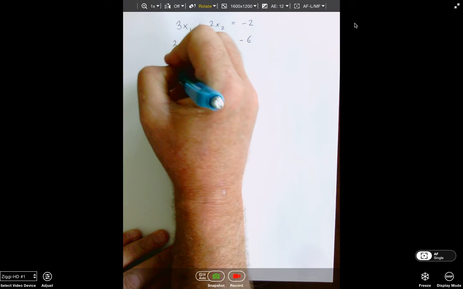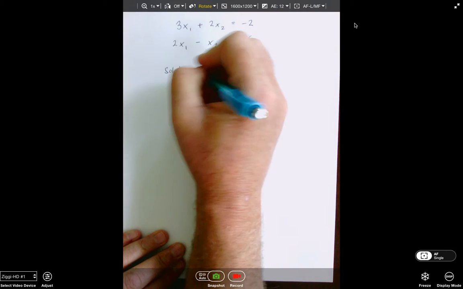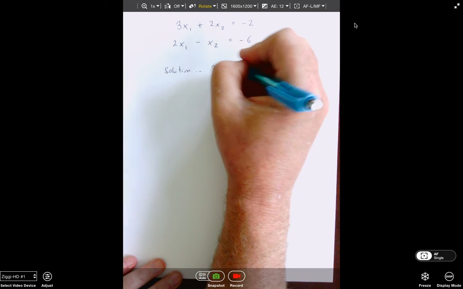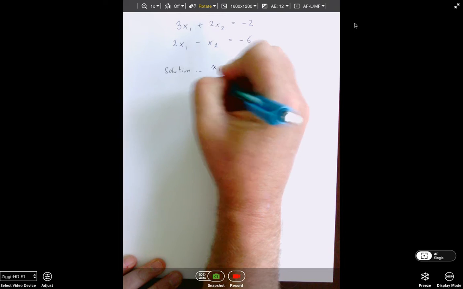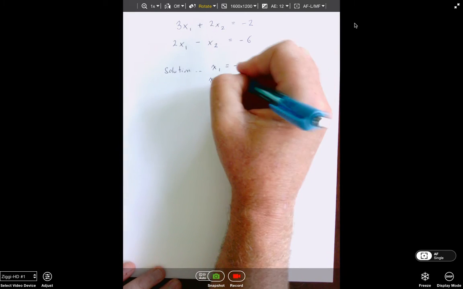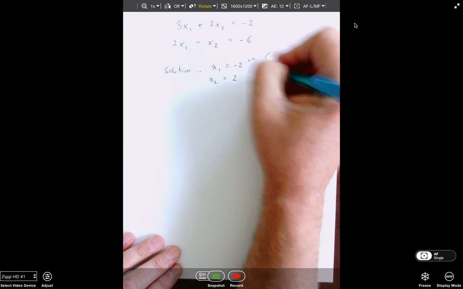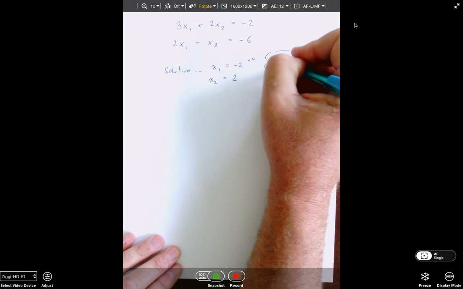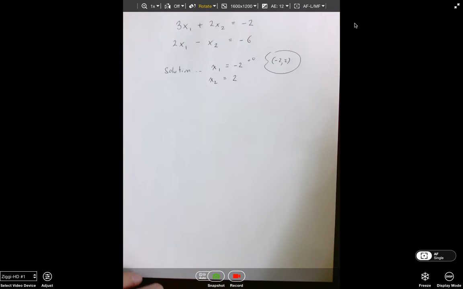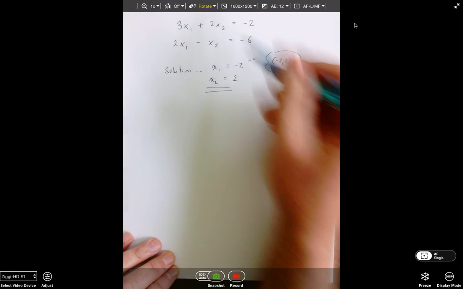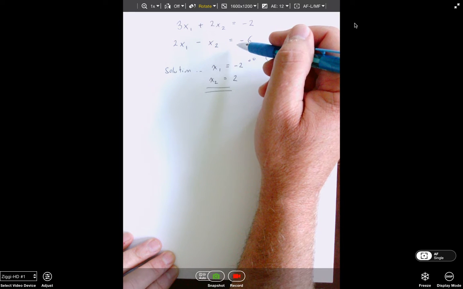So the solution is x1 equals negative 2, and x2 is equal to positive 2. And you can think about this, if you want, as an ordered pair, negative 2, 2. This is the only ordered pair that makes both of these true.